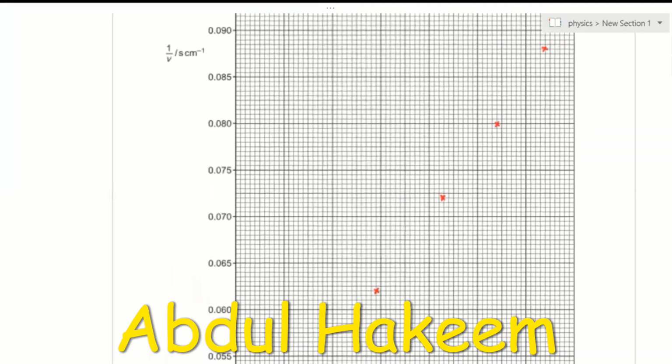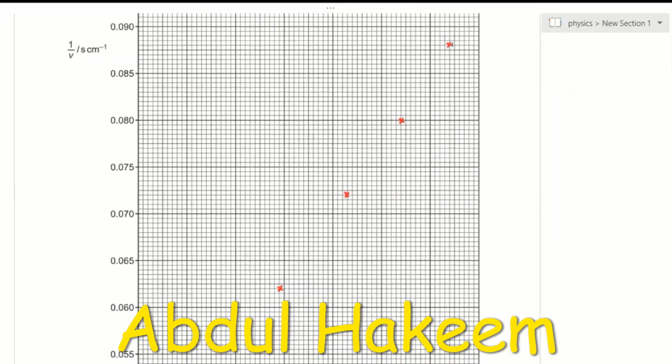Okay, now we have to draw the error bars, and the errors are in the quantity 1 over V, which is plotted at the y-axis. So first we have to calculate the error scale constant for the y-axis. So for the y-axis, we have to draw vertical bars. So error scale constant is the number of the small boxes divided by difference of the reading. You can take any number.